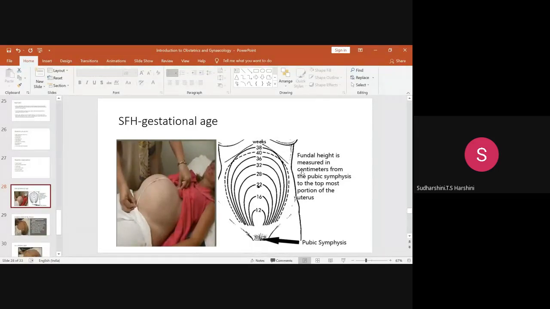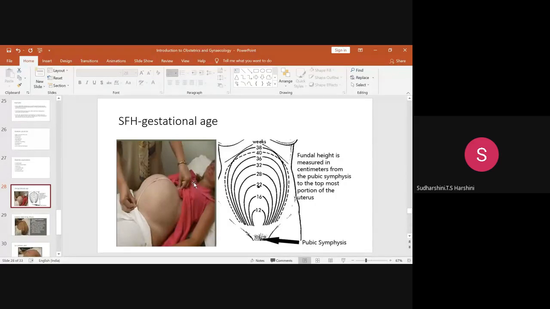After that, with the inch tape you will measure the symphysio-fundal height. Keep the inch tape in such a way that the centimeters face down, and measure from the symphysis to the fundal height that you have marked. That corresponds to the symphysio-fundal height. It gives a rough estimation of the gestational age of the patient.